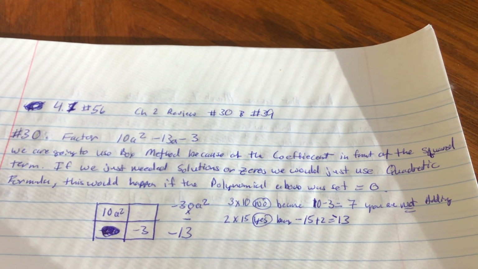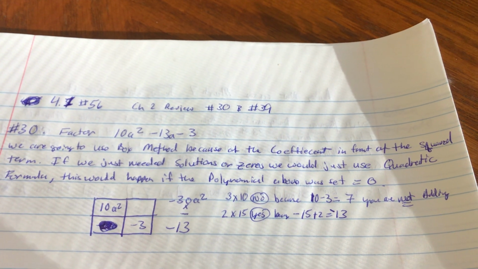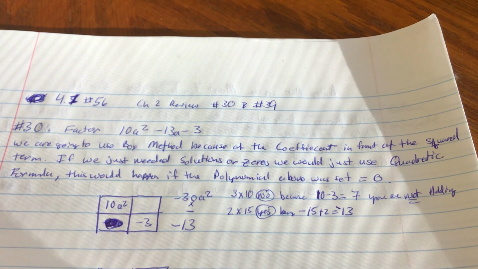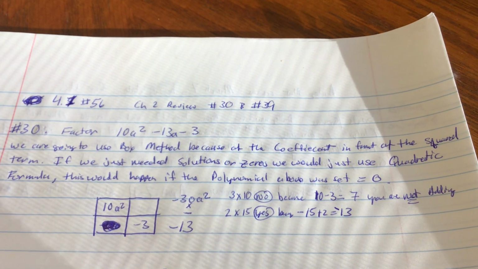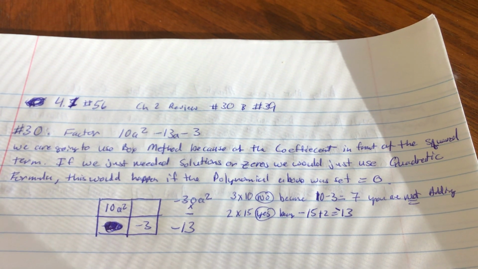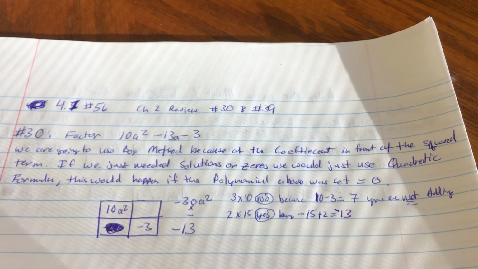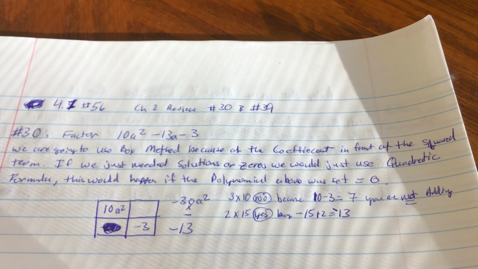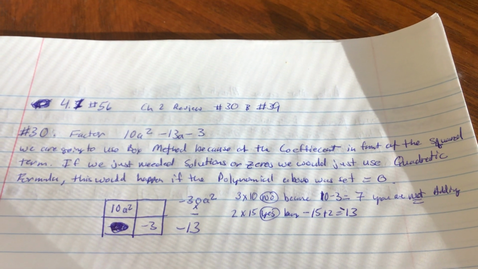Those are the factors I want to use because negative 15 plus 2 will give me the negative 13. So again, it has to subtract, or have opposite signs when added together, to be negative 13. Notice that if you use 10 and 3, they would subtract to be 7, or you could subtract it to be negative 7, but either way you're not going to get negative 13.